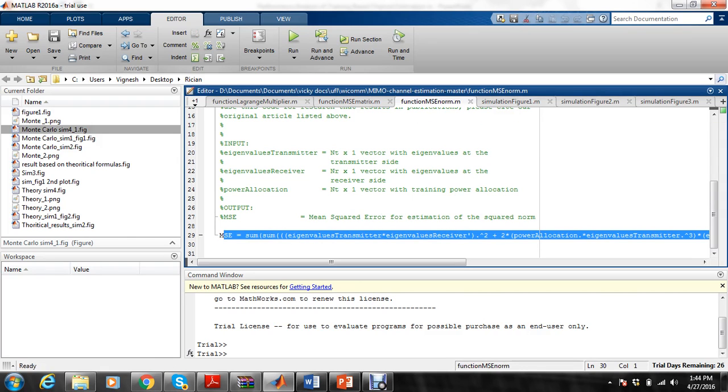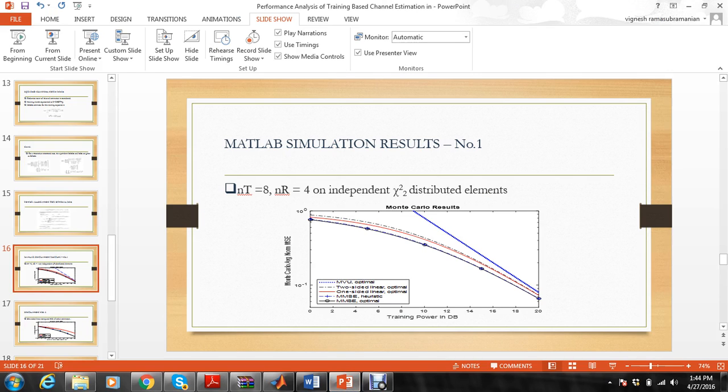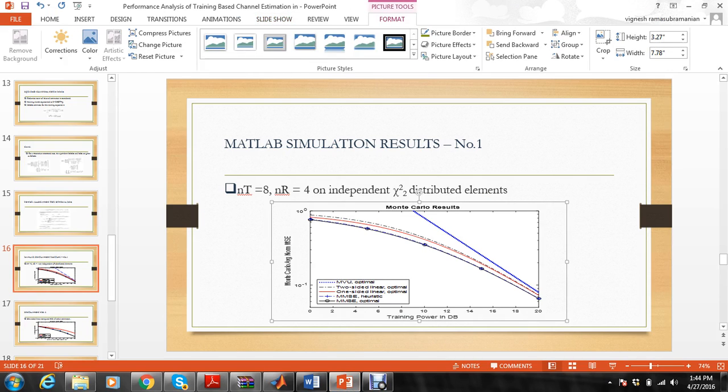The first simulation figure that I'm going to show compares the training power with the average normalized MSE. Here the NT and NR are found to be 8 and 4 respectively.